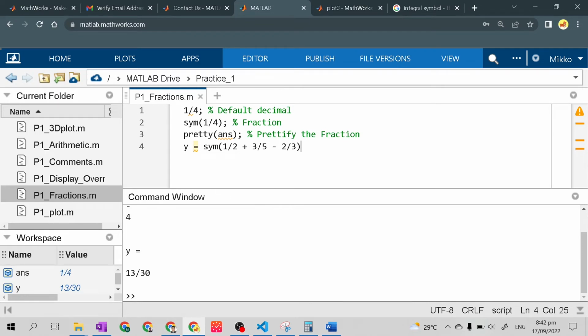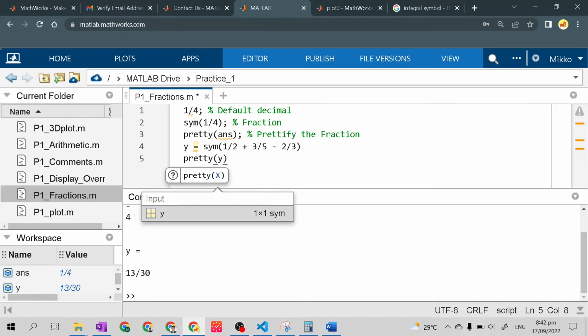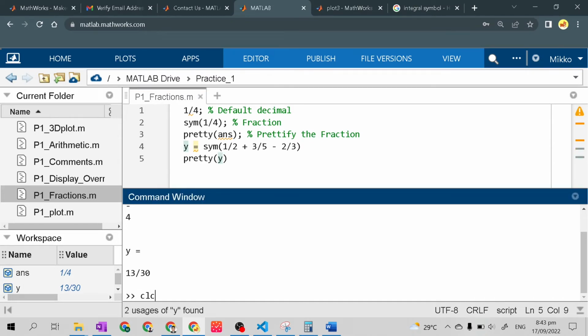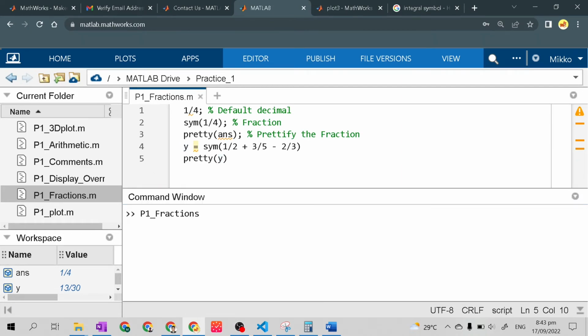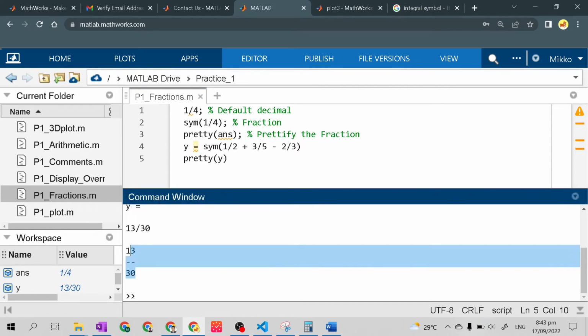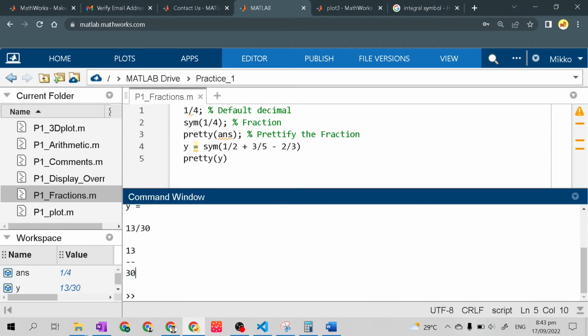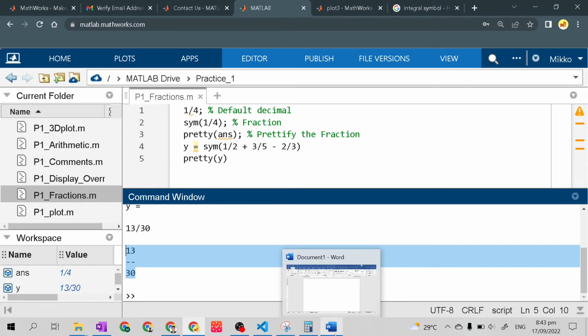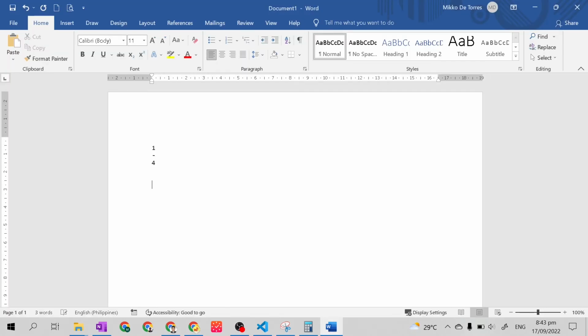Then if you want to prettify this, let's prettify y. Again, CLC, F5. A pretty fraction will be printed in the command window. Then you can copy it and put it in a Word document.